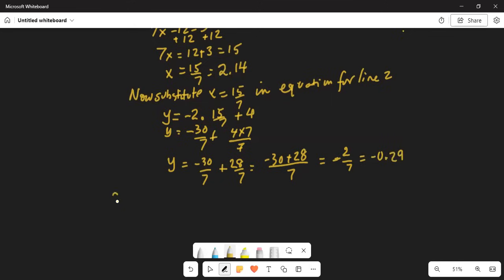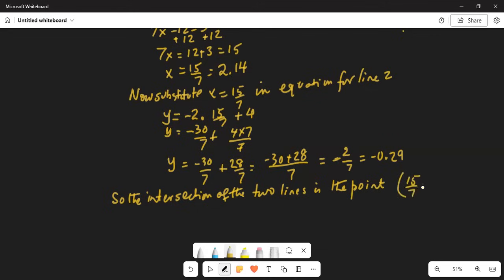So the intersection of the two lines is the point, paired data point, which is 15 over 7, comma, minus 2 over 7.